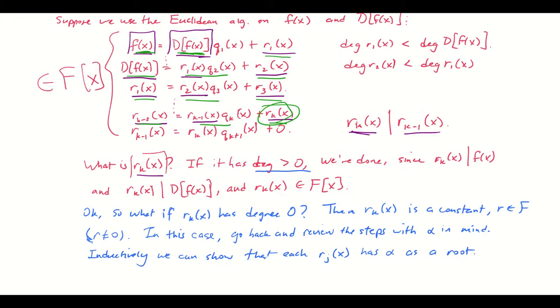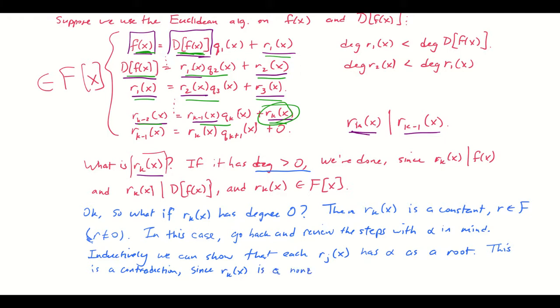Okay, so then if rk is a constant and it's non-zero, we've got a contradiction. Since rk of x is a non-zero constant, I guess I'm not going to end up using that little r there.